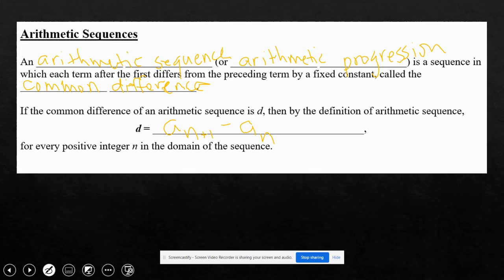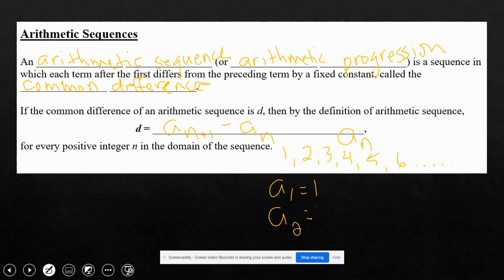So let's go back just to take a look at this notation. A sub n, and we call it sub because, again, it's a subscript, is your term. So if I have 1, 2, 3, 4, 5, 6, etc., then your A sub 1 is 1 because your first term is 1.